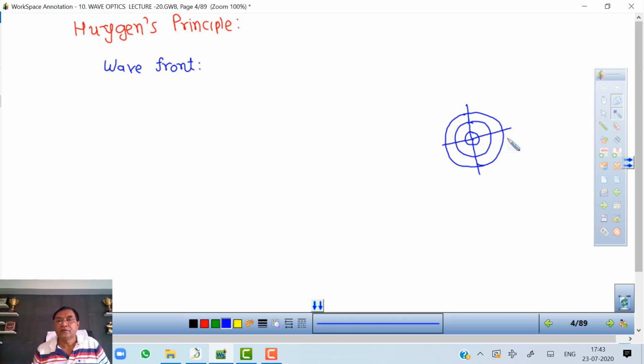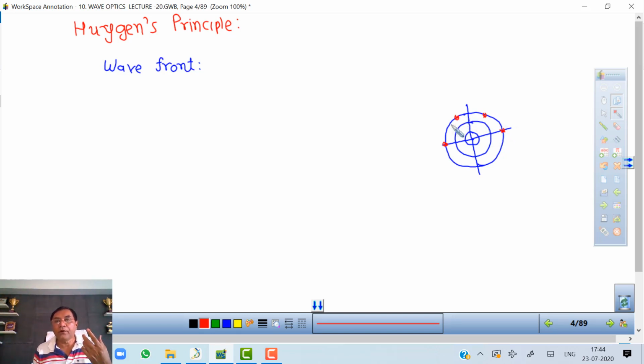So this point and the point on this side, the disturbance reaches both at the same time, means all the points on the circle. The disturbance reaches at the same time.